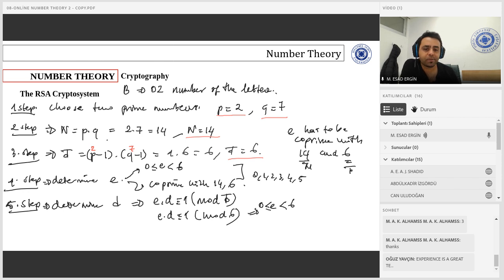It cannot be 0 or 1, so we eliminate these two. Let us check, for example, 2 can divide 6 and 14, so 2 cannot be. And inside of 4 we have 2, so we eliminate 4 as well. And 3 can divide 6, so we eliminate 3. The only one left is 5, so we can say that E equals 5. Did you understand how we found E till now?